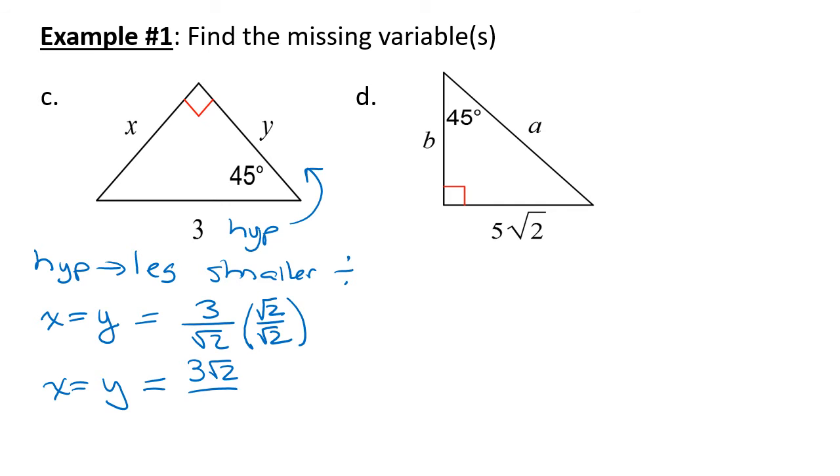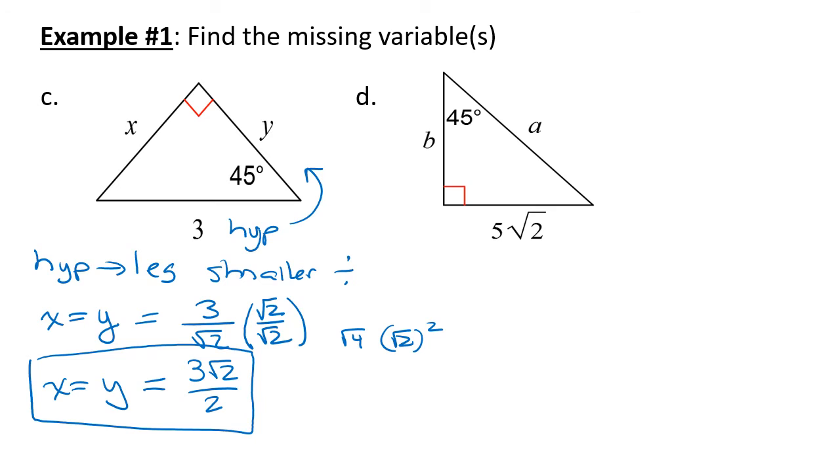And if I take the square root of 2 and multiply it by the square root of 2, I get the square root of 4, or you can think of it as the square root of 2 squared, however your brain works. And in both cases, we have a denominator of 2. Since the 3 and the 2 can't reduce, I am done with this problem.